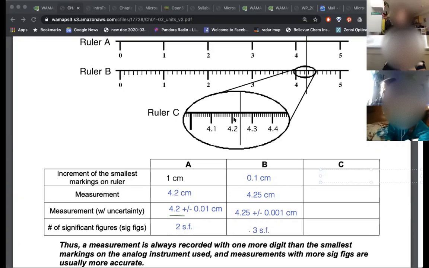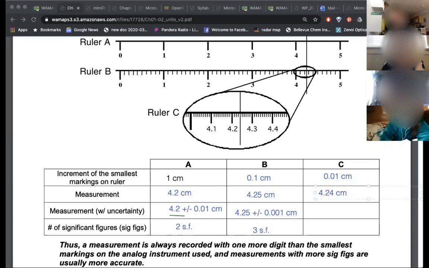All right, now this last one, the smallest markings are 0.01 centimeters. Right, the distance between the 2 closest space lines. So on that measurement, let's see, 1, 2, 3, 4. So that looks like it's right on the line, 4.24 centimeters.